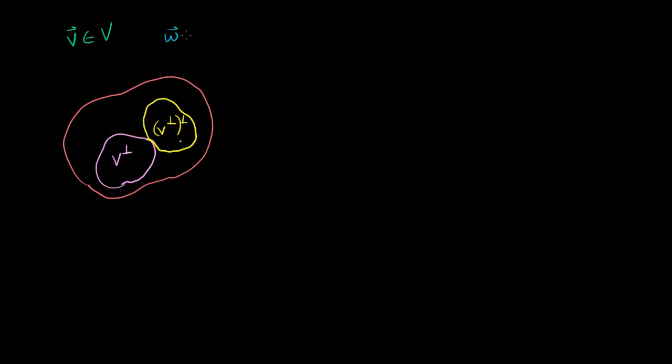So if I say that the vector v can be represented as a sum of the vector w and the vector x, where w is a member of the orthogonal complement of v, or v perp, and x is a member of its orthogonal complement.